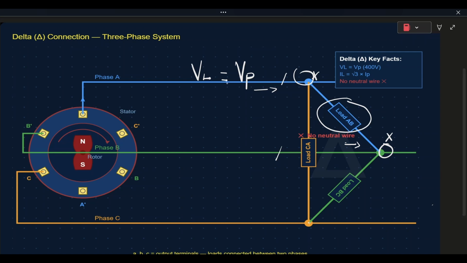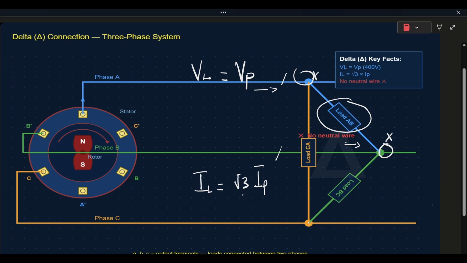So in the delta configuration, phase voltage is equal to our line voltage, and our line current IL is equal to root 3 times the phase current IP. So that is, the line current is greater than the phase current.